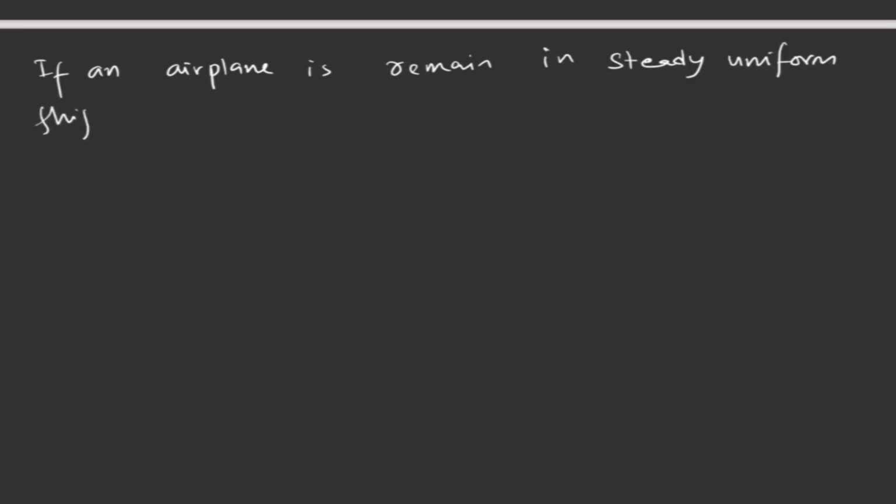If an airplane remains in steady, uniform flight, it means the total forces and moments acting on the aircraft are balanced about the CG.